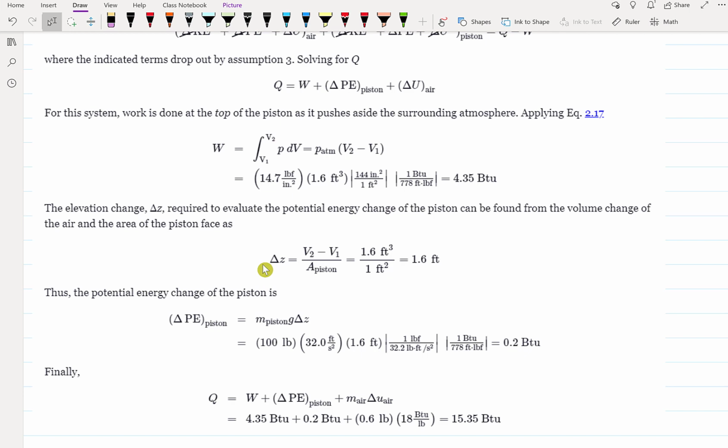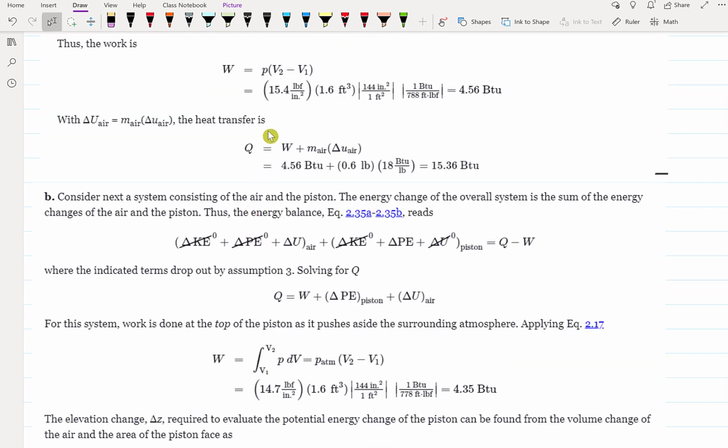Now compare the work. Case A, work is 4.56 BTU. Case B, work is 4.35 BTU. In case A, work done on the system includes the mass of the piston. In case B, when the system includes the piston, work done on the system does not include the mass of the piston.